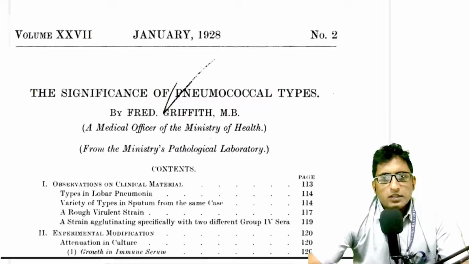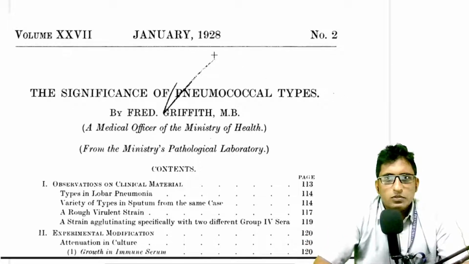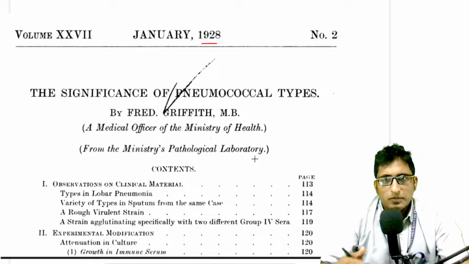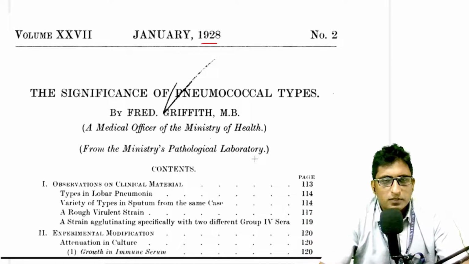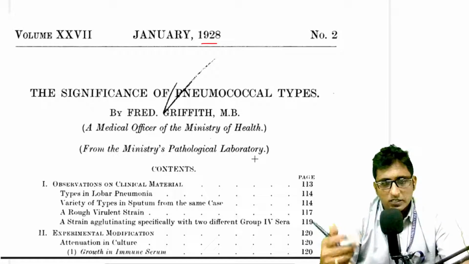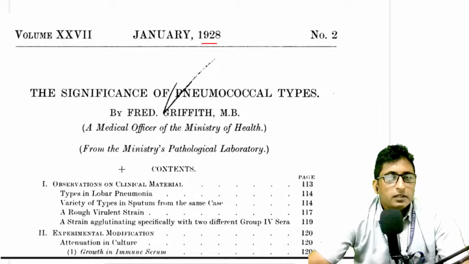He performed several experiments, and in one of the papers published in 1928, on the significance of pneumococcal types, he published a 40-odd page paper in which he describes a wide variety of strains and the ability of the strains to cause disease in mice, and thereby he showed how one strain can change into another strain.